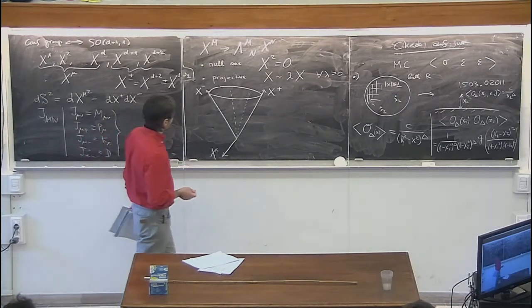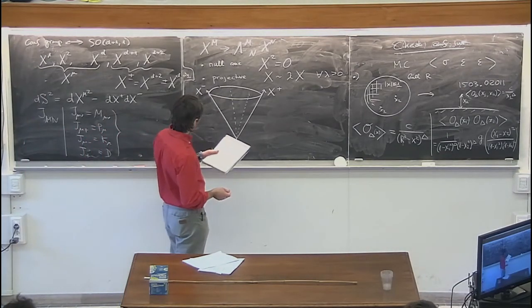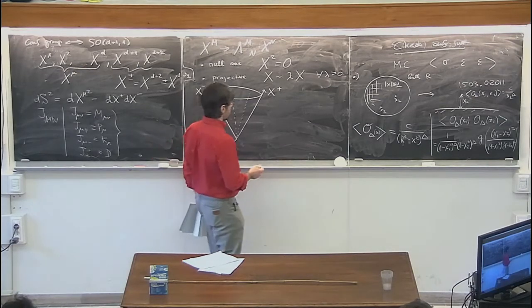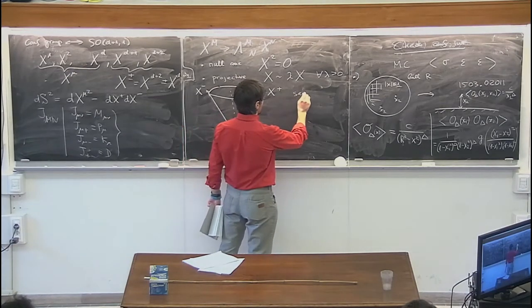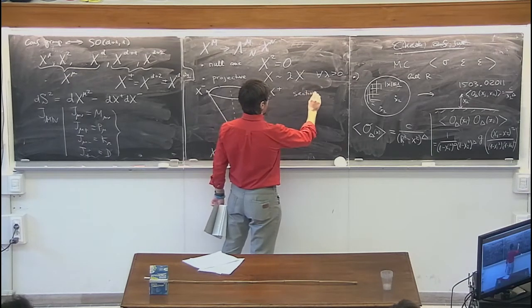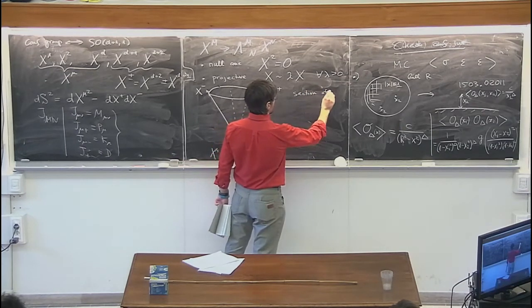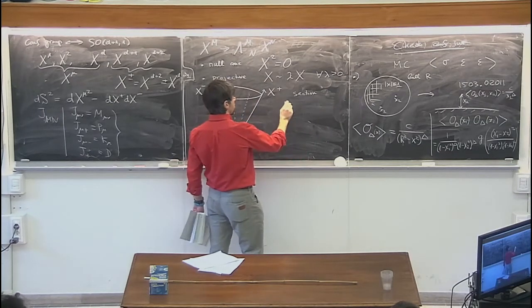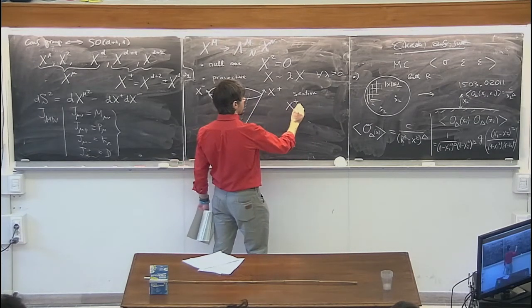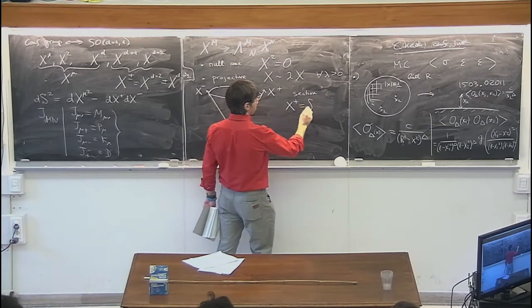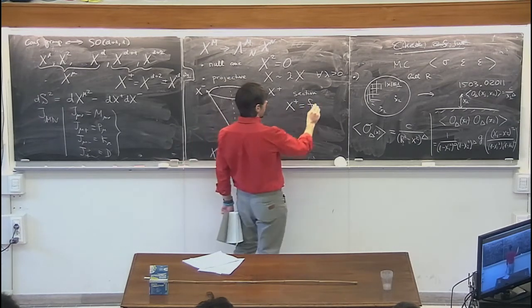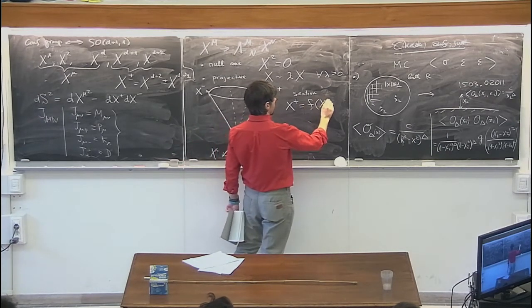So in order to do this, we are going to consider a section of my null cone. And the section is going to be given by the equation x plus is equal to a certain function, which I'm going to specify later, of x mu.